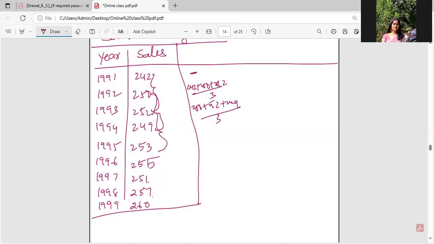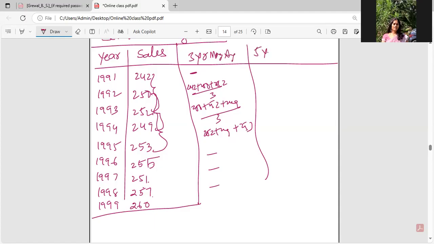Next, the average of these 3, that is 252 plus 249 plus 253. Like that, I'll be taking the successive 3-year averages. That is for the 3-year moving average.